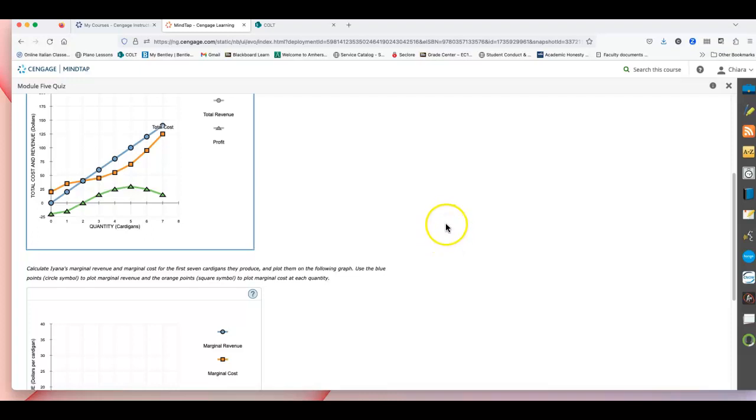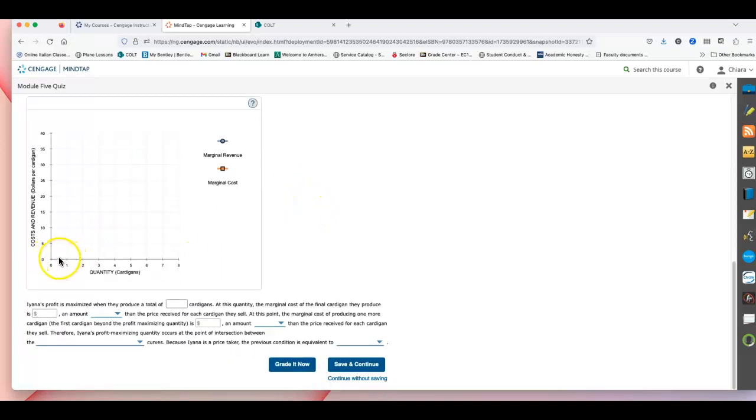So we don't need to worry about dividing by the quantity in this case because it's always 1. All we need to find is the change in total revenue. So from a quantity of 0 to 1 cardigan, the change in total revenue is $20. So our first point between 0 and 1 will be 0 and 1, 20.